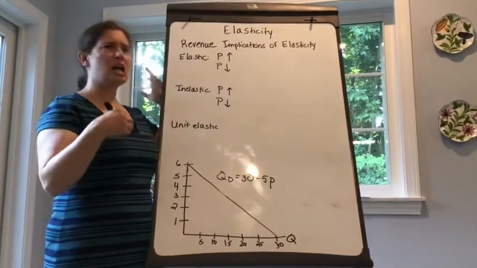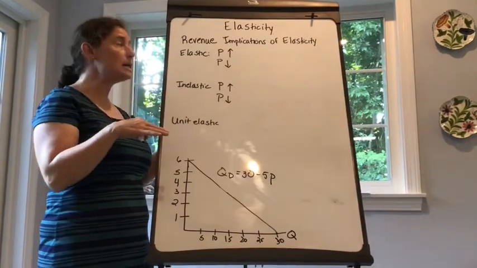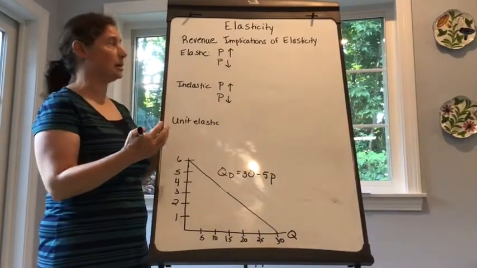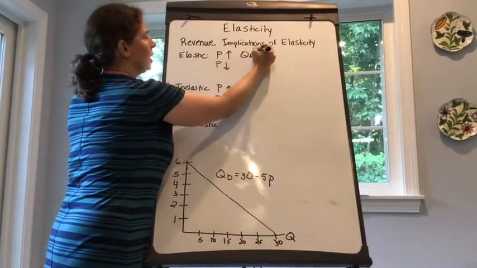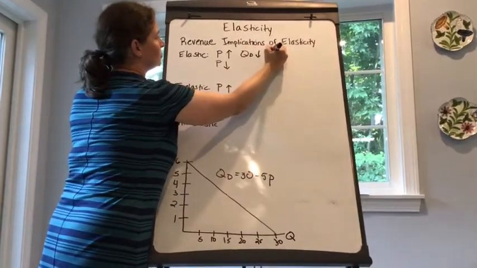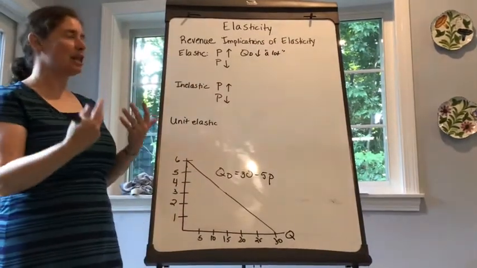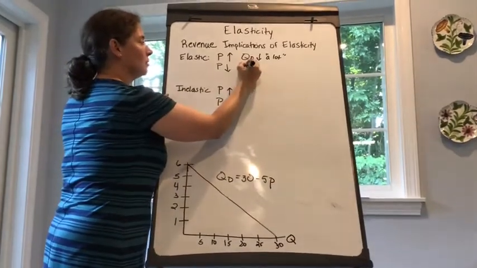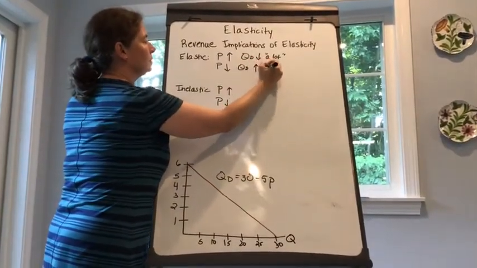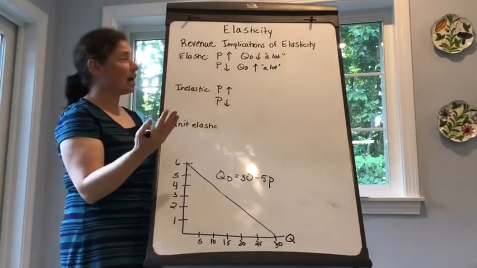Now remember, if demand is relatively price elastic, it's saying that quantity is quite responsive to price. That means when price goes up, quantity demanded goes down, very scientifically here, a lot. And when price goes down, quantity demanded rises relatively a lot.